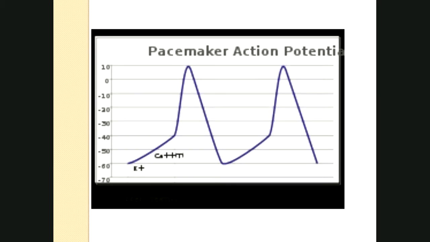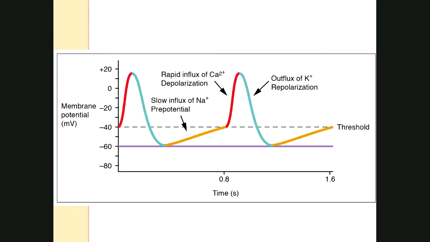And so look, here's what that rhythm looks like. So we get a beat, and then there's a pause, and then we get a beat, and then there's going to be a pause, and then we get a beat, and there's going to be a pause. And it's very, very regular because it takes the same amount of time to go from resting potential up to threshold potential.